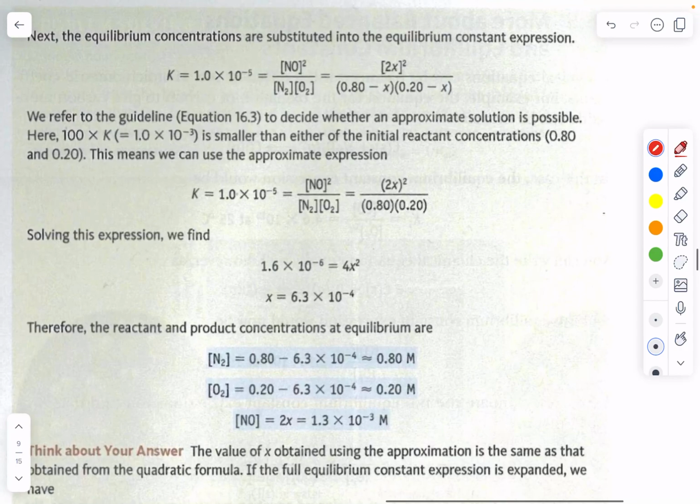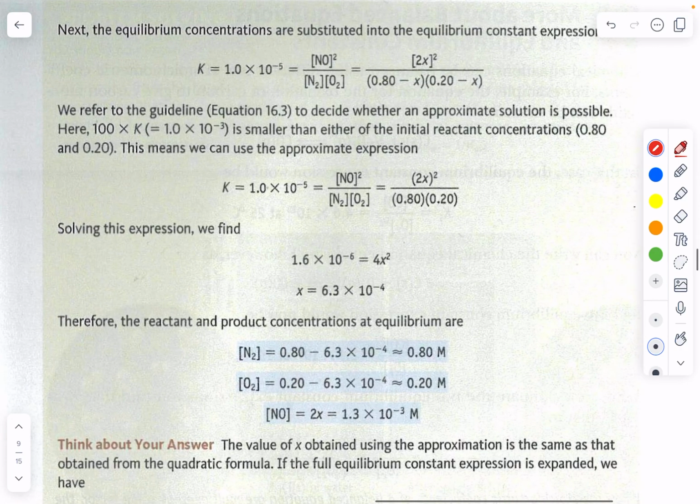I'm going to take those values, plug them into the equation, and get this for my expression with the numbers in. Now I'm going to say, can I ignore the x? Will the x be to the 1,000th or 10,000th or 100,000th place and therefore not even show up when I subtract it and round off to 2 sig digs?